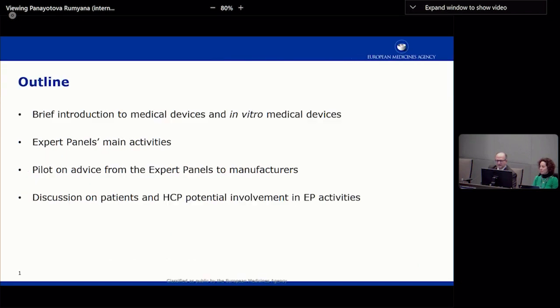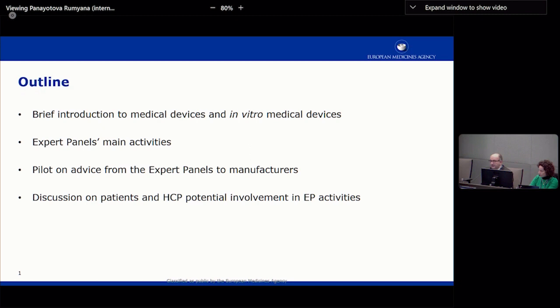So just to give you some highlights on what I'll be presenting here today. Just for context, we'll be reviewing what the main regulatory issues are regarding medical devices and in vitro medical devices. I will present the medical device expert panel's main activities.